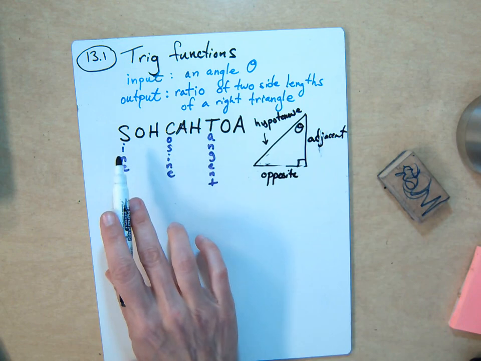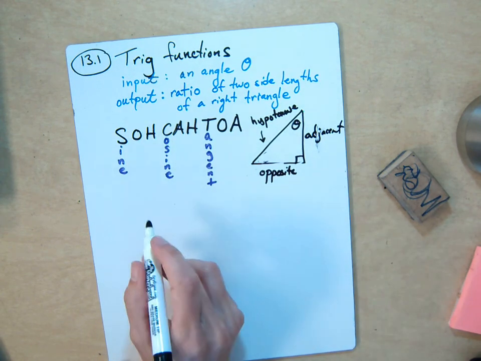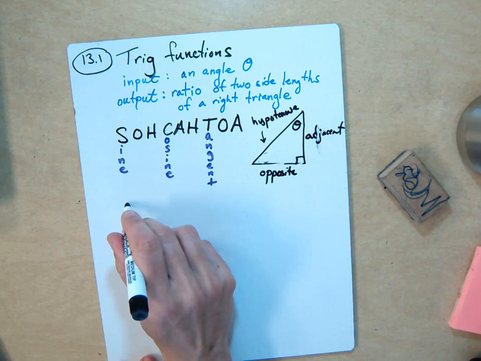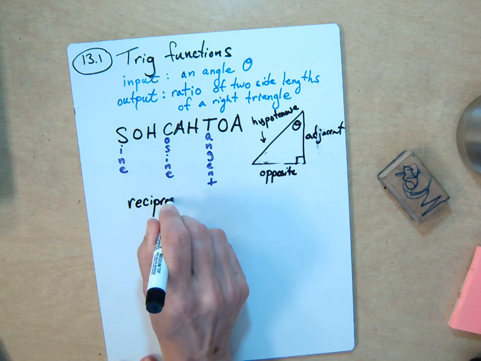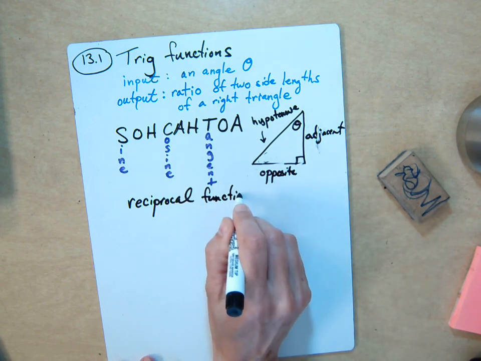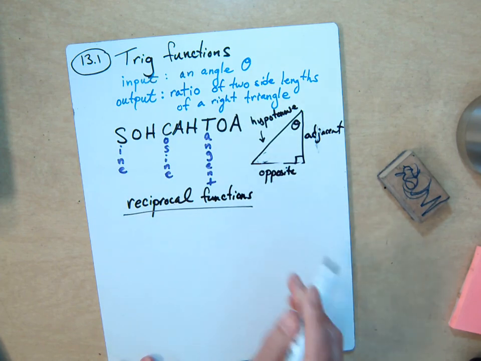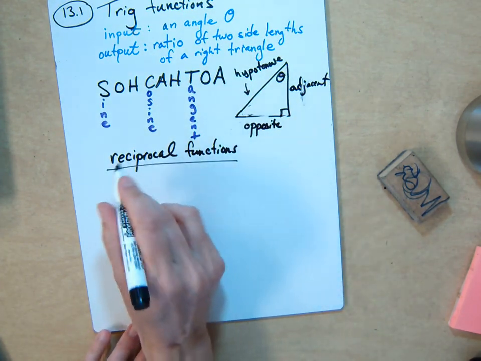So now we've defined sine, cosine, and tangent. There are three other functions, and these you would not have really covered at all in geometry. They're called the reciprocal functions. It's good to refer to them by their name, reciprocal, because that helps you remember where they come from.